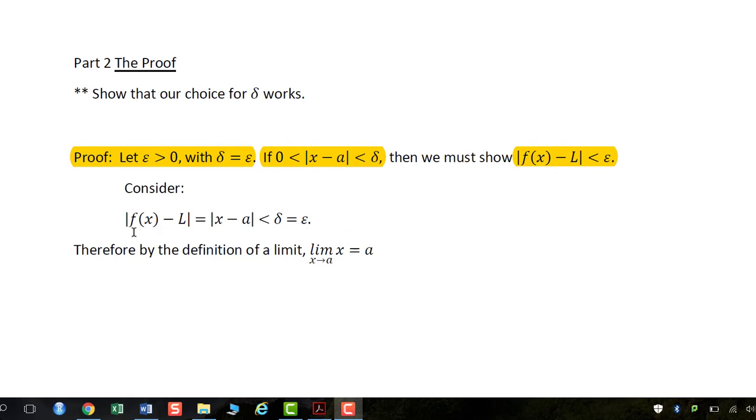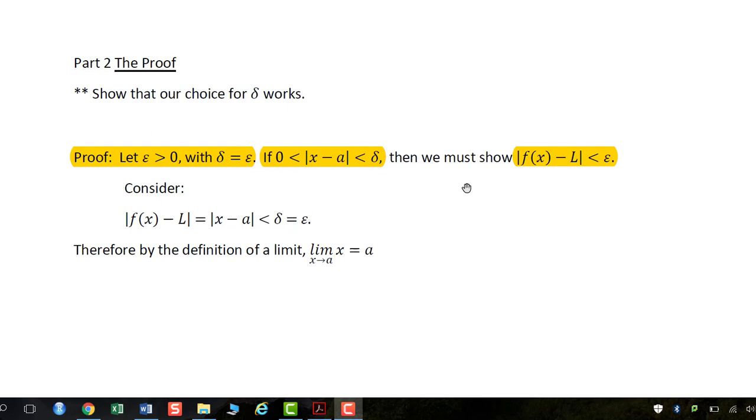Consider the absolute value of f of x minus L. f of x was x, L was a, so that's equal to the absolute value of x minus a, and that is less than delta. Well, what's delta equal to? Epsilon.